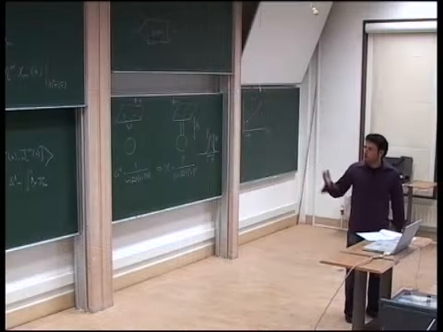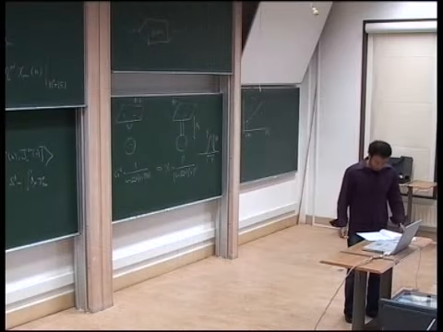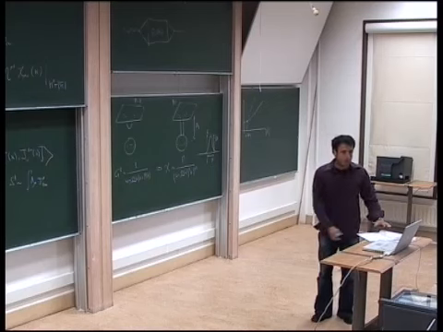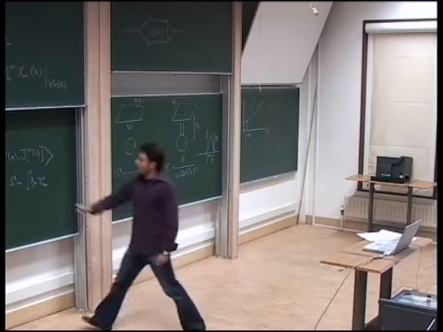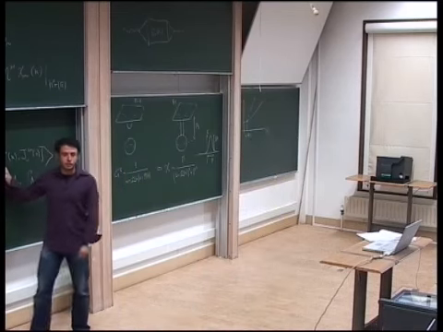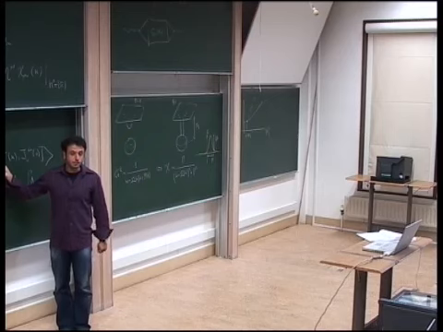Okay, so how do we do this calculation holographically? Well, we just need to remember a couple of things. We need to identify what the dual to the operator at hand is.